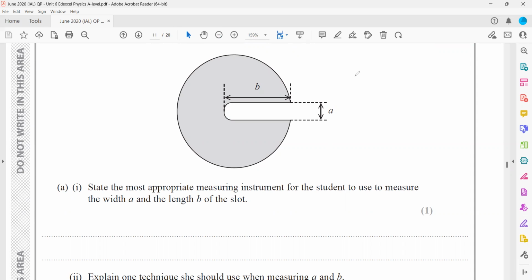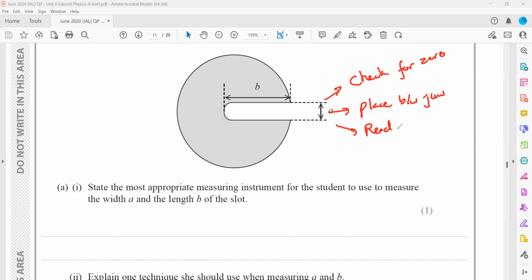Then after checking for zero error, place the object between the jaws and read the main scale and the vernier scale. And then we will repeat. Whenever an experiment is done, repetition is one of the most important points. Repeat from different positions.